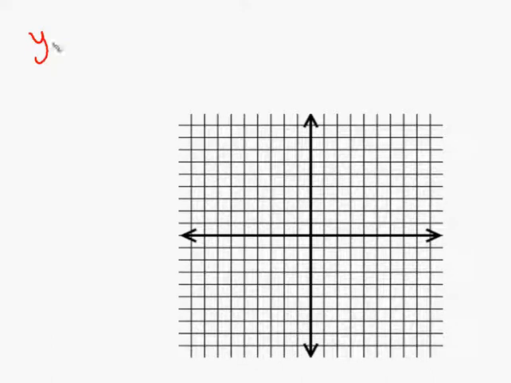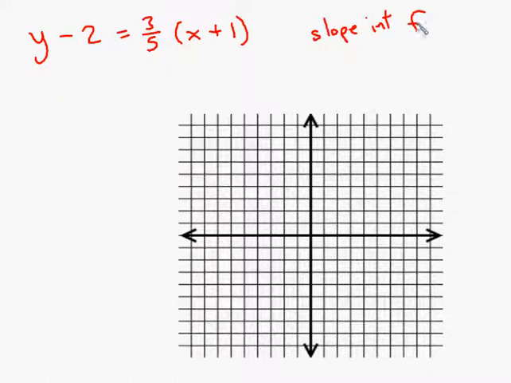Alright, so any questions on graphing those? Nope. Alright, let's say I have something like this. And I want that in slope intercept form. I basically solve for y. So what should I do? First, distribute or clear the fraction?